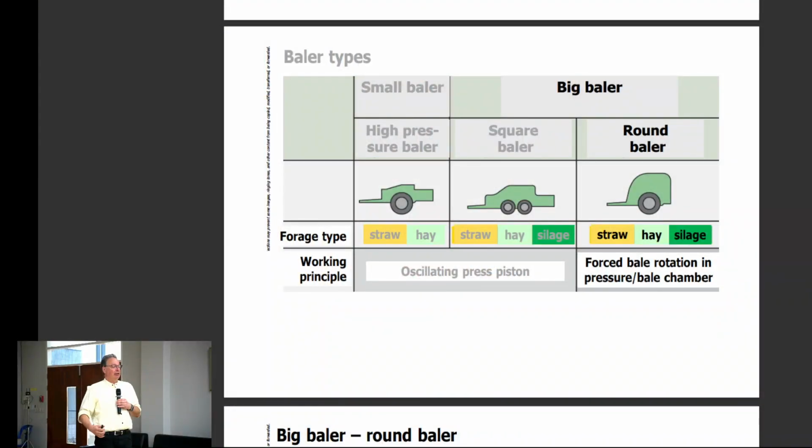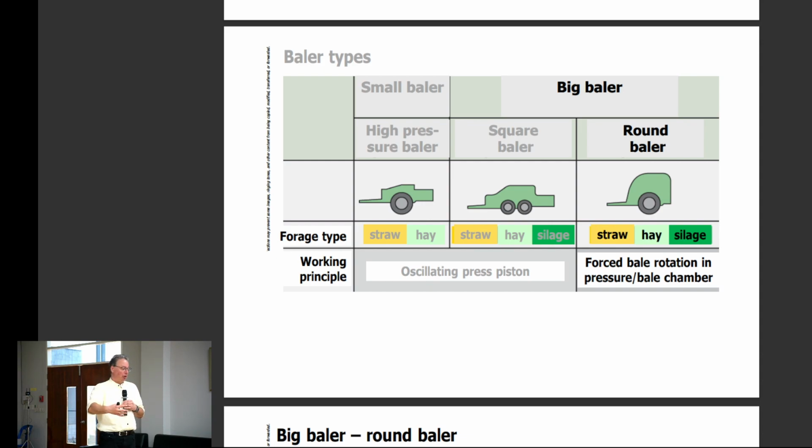Depending on the technique you use, you have a really good compaction, and the wrapping should happen hopefully immediately. Again, as a rule of thumb, if you have one machine just baling and one machine just wrapping, the wrapping shouldn't be too late, so within 2 to 3 hours after baling.